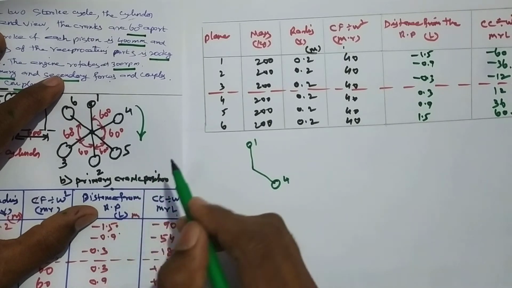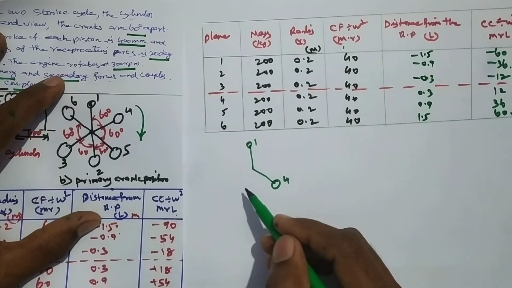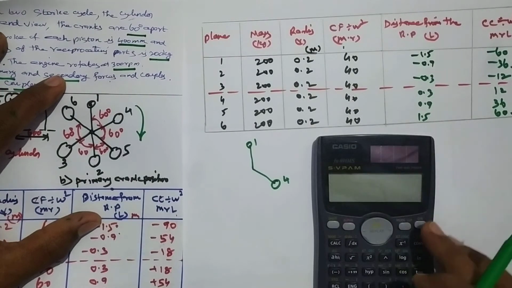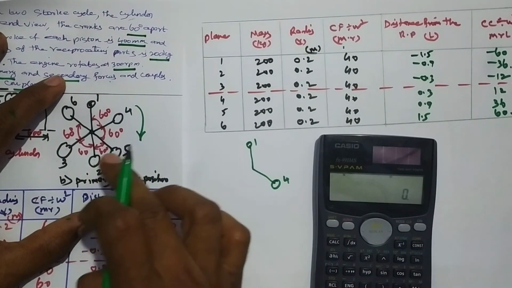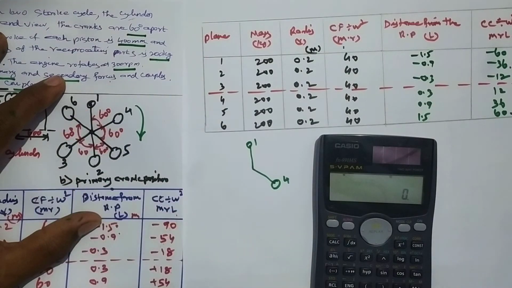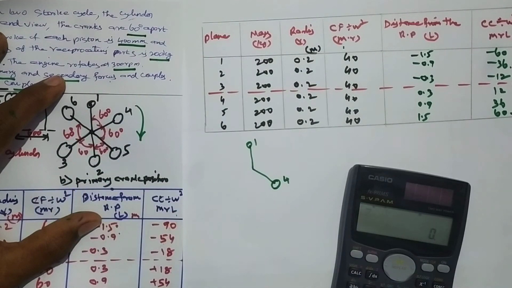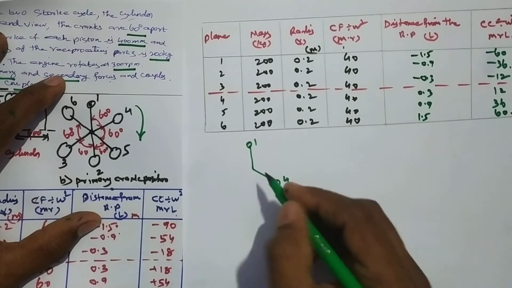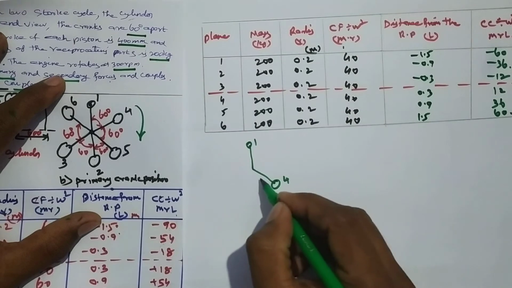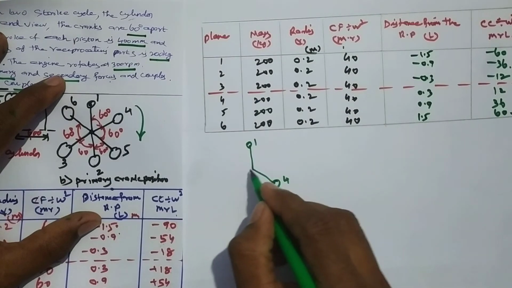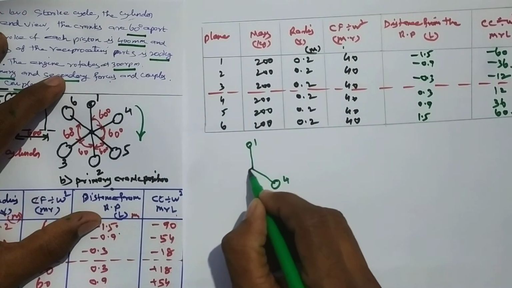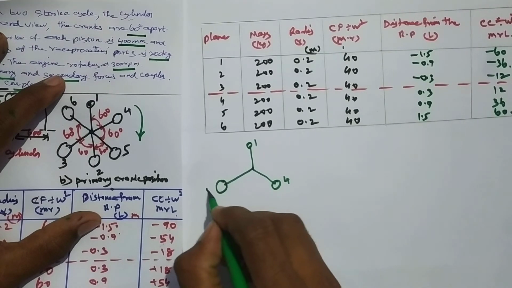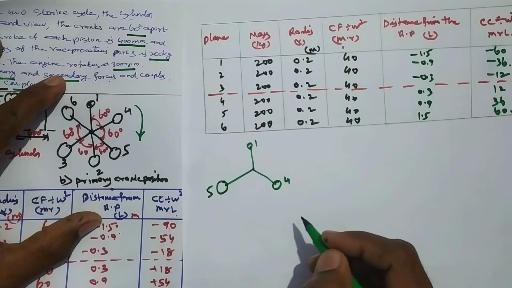So 720 minus 360, you take the calculator and substitute it. According to the angular position diagram, you are getting again 360. So this is the fifth cylinder, right?